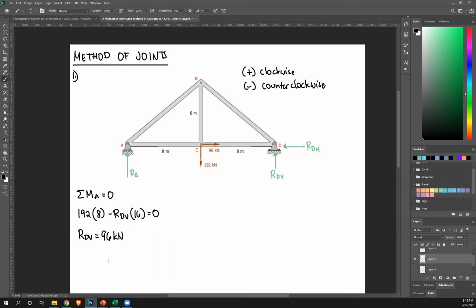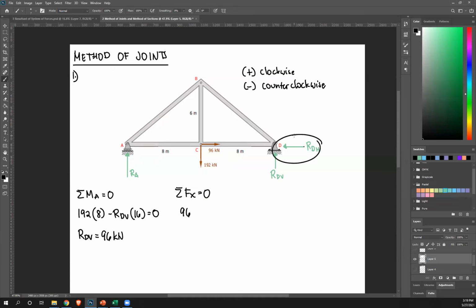Okay, now I have first reaction. Next, let's figure out the other reactions. We have done moment, so next we would use Fx or Fy. Let's start with Fx. Summation of forces X equals 0. Okay, let's look for forces X. We have this 96 to the right, therefore positive. What else?